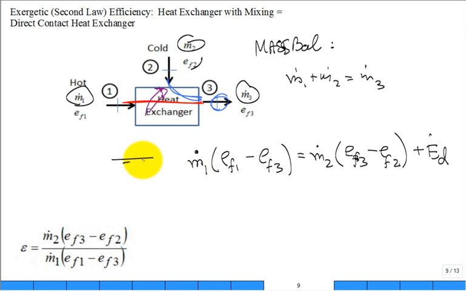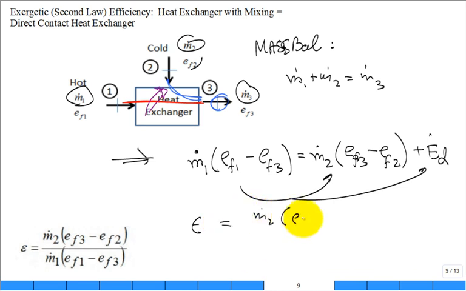Where does this equation come from? Exergy balance. And so our exergetic efficiency is we want as much of it to go there, we want very little to go there, but that can't be avoided. So we have the exergetic efficiency is M dot 2 times EF3 minus EF2 divided by M dot 1 times EF1 minus EF3.